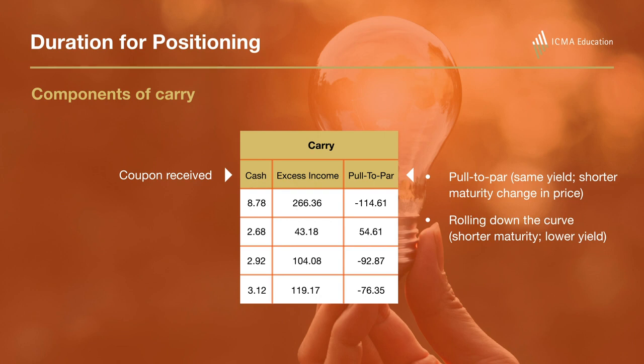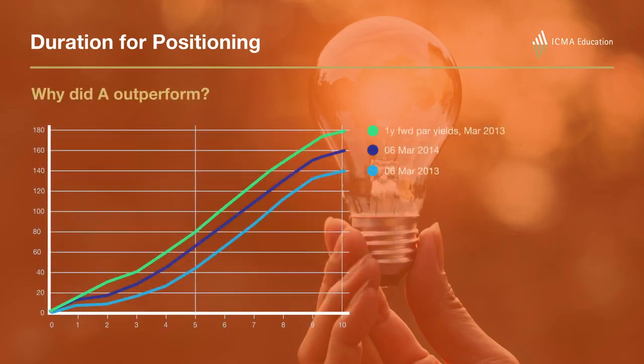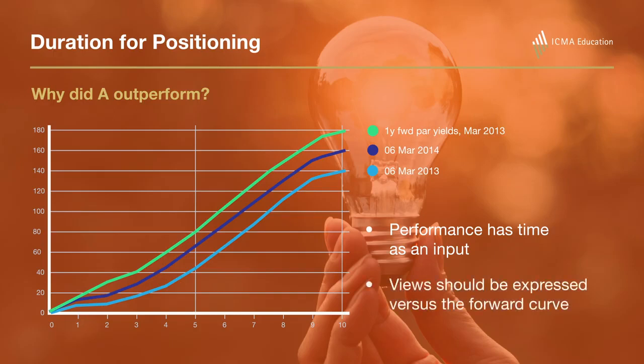As well as thinking about carry as being a cause of investor A outperforming, we can also think about it a different way. Really, the point is that performance has time as an input, has carry as an input, but another way of expressing that is that when expressing a view on the curve, we should express that view versus the forward curve.